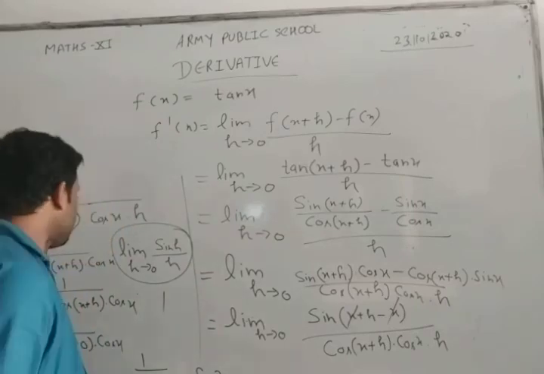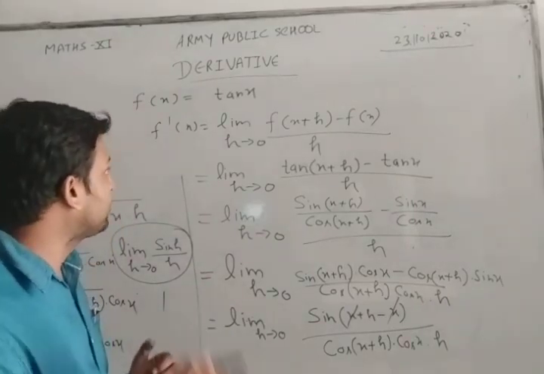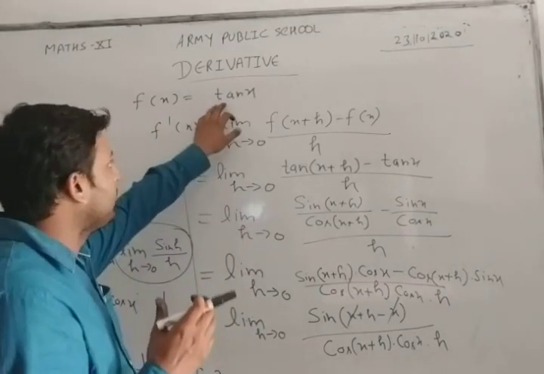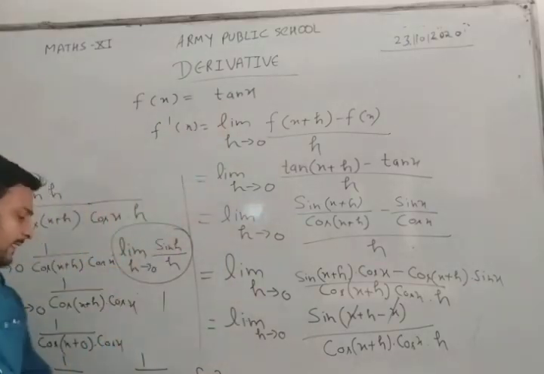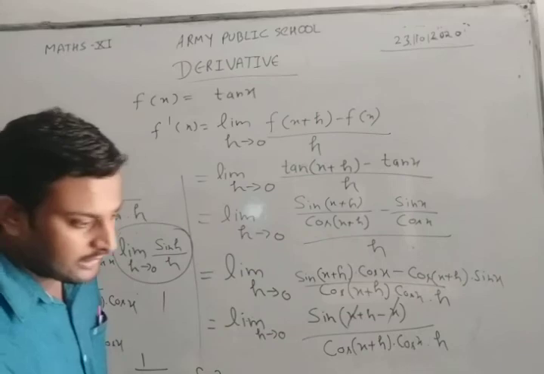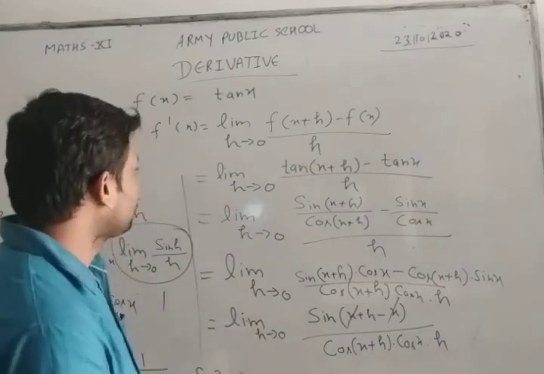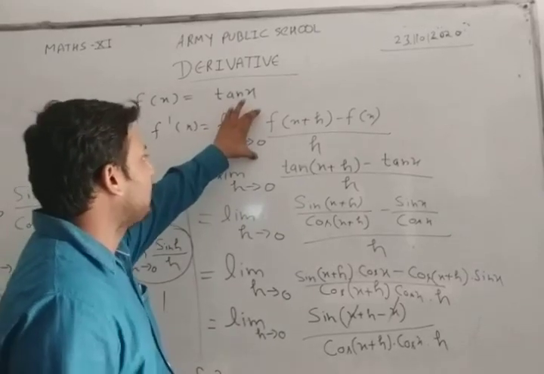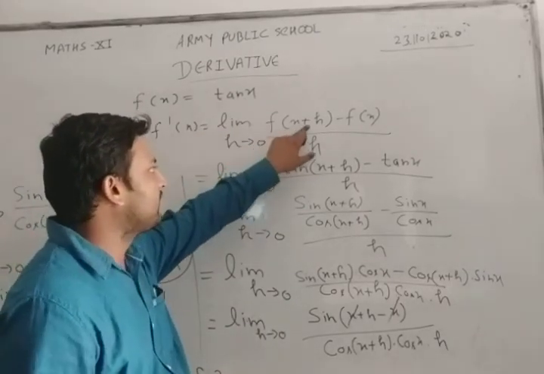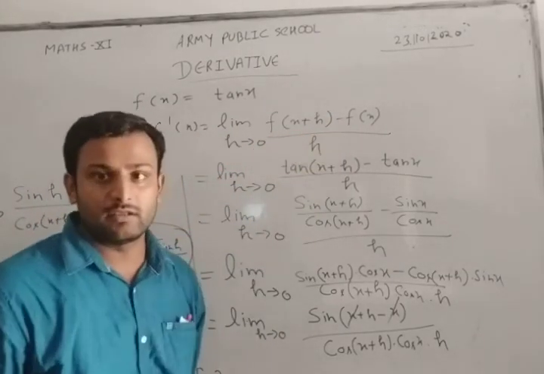Okay, so overall, we have found the derivative of tan x, and what we have found is sec square x. So let's see once again the whole solution. First we have the formula f dash x, we write limit h tends to 0 of f(x + h) minus f(x) by h.